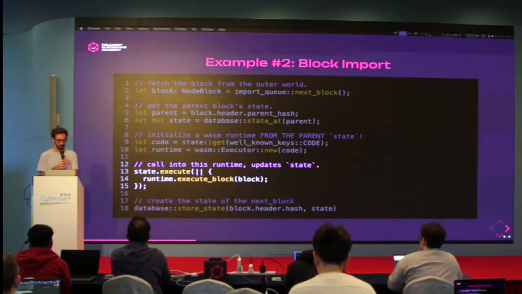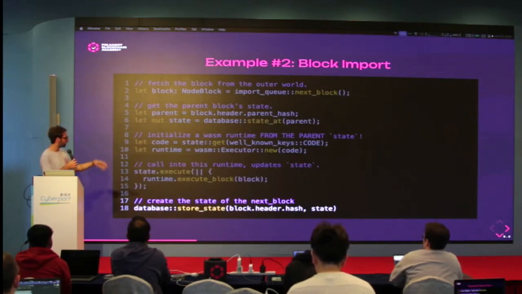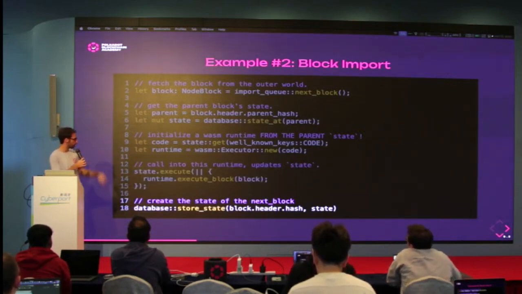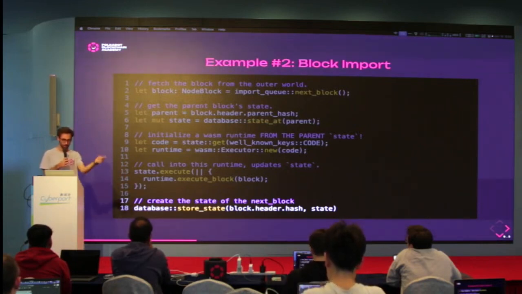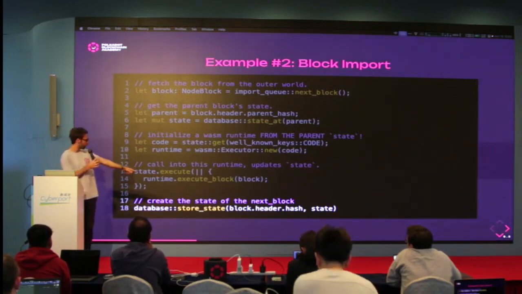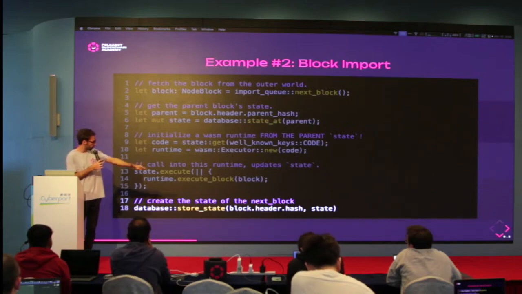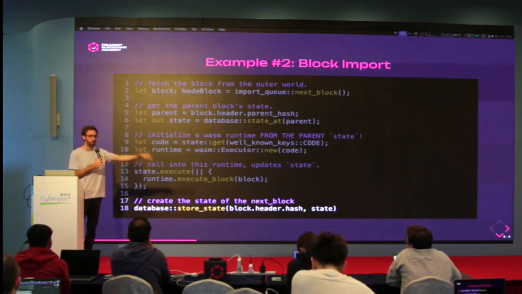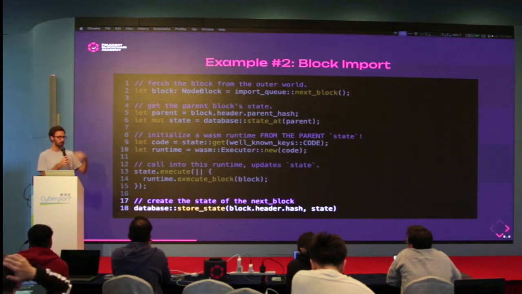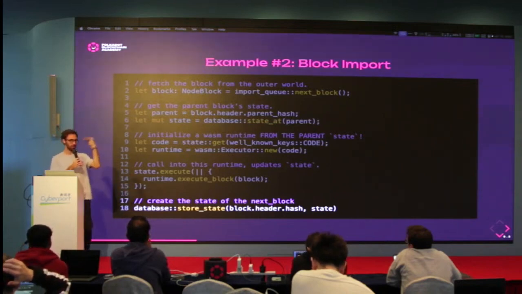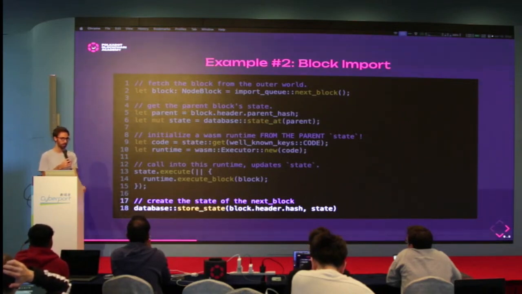Finally, this state variable gets updated while we're doing execute block, and then we store it back into the database, this time not under the parent hash but with the block header hash, the current hash. So this will become the new state associated with the hash of this incoming block.